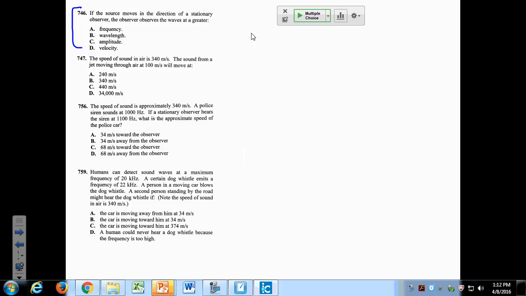So let's try 747. The speed of sound in air is 340 meters per second. The sound from a jet moving through the air at 100 meters per second. So the jet is at 100 meters per second. What now is the speed of the wave?